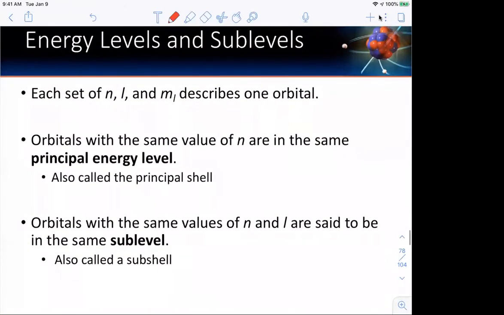So each set of n, l, and m sub l describes one orbital. It's like an address, right? These quantum numbers give me the address of an electron.